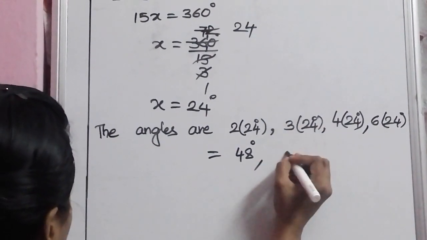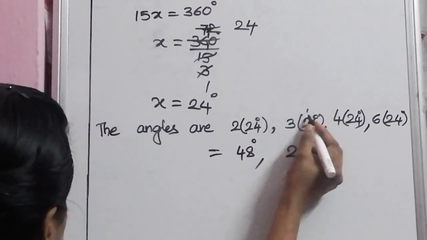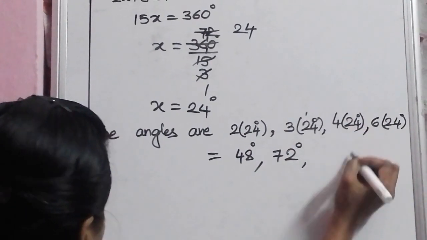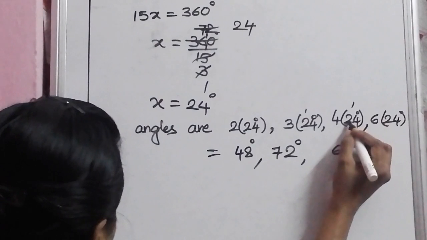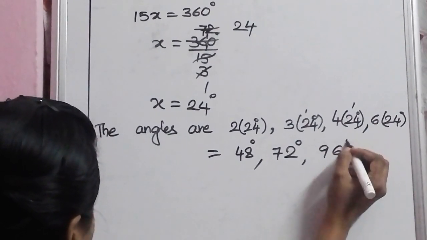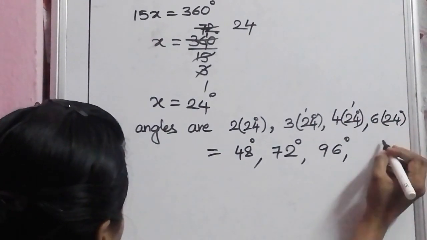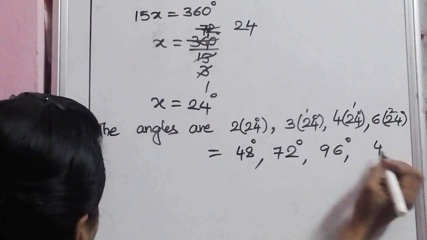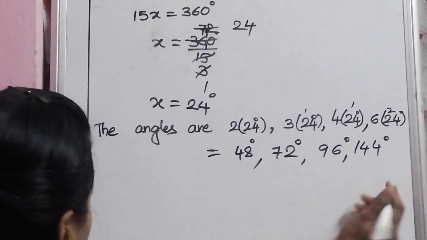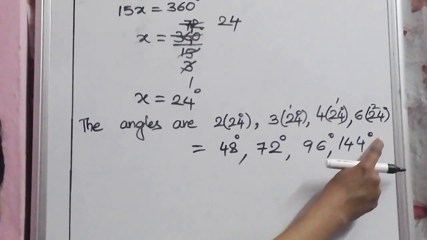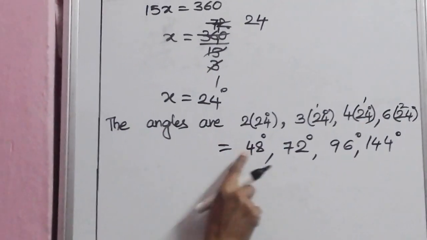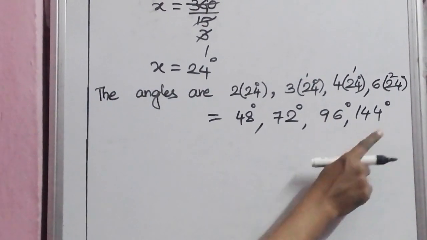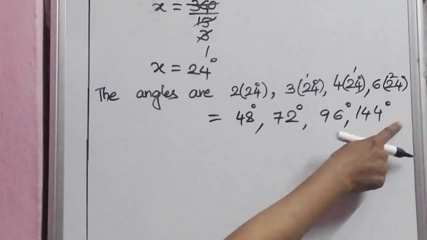Then 3 4s are 12, 3 2s are 6 plus 1, 7, 72 degrees. 4 4s are 16, 4 2s are 8, 9, 96 degrees. 6 4s are 24, 6 2s are 12, 13, 14. So this is 144 degrees. The angles are 48 degrees, 72 degrees, 96 degrees and 144 degrees.